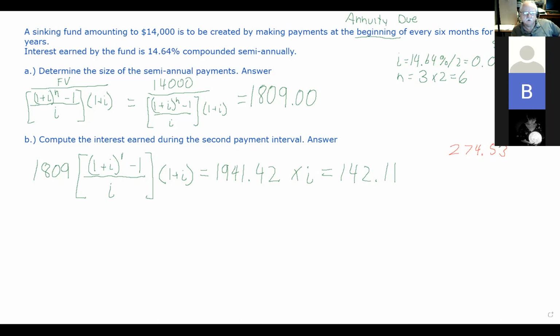That would be what we've calculated right here is the value after the first payment interval.